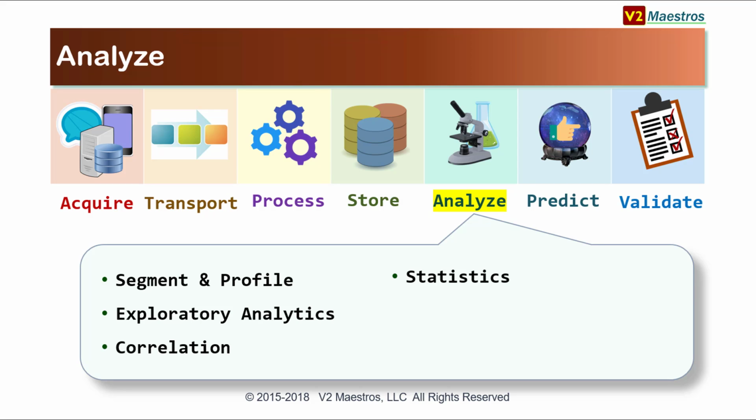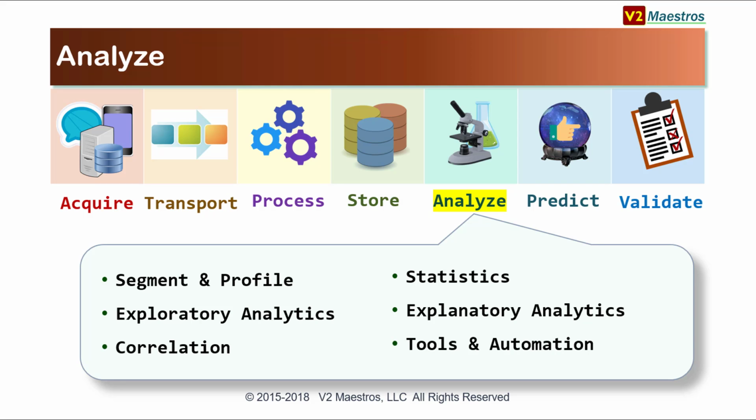Statistical techniques are used to build models and perform statistical tests. Explanatory analytics focuses on finding reasons for behavior seen. Tools and automation are a key part of the analytics phase to make it both productive and cost-effective.